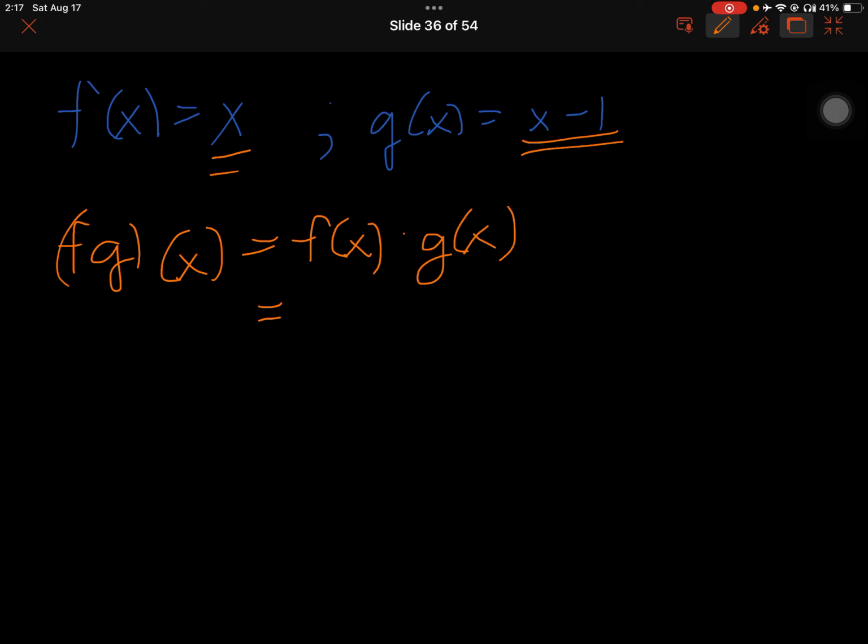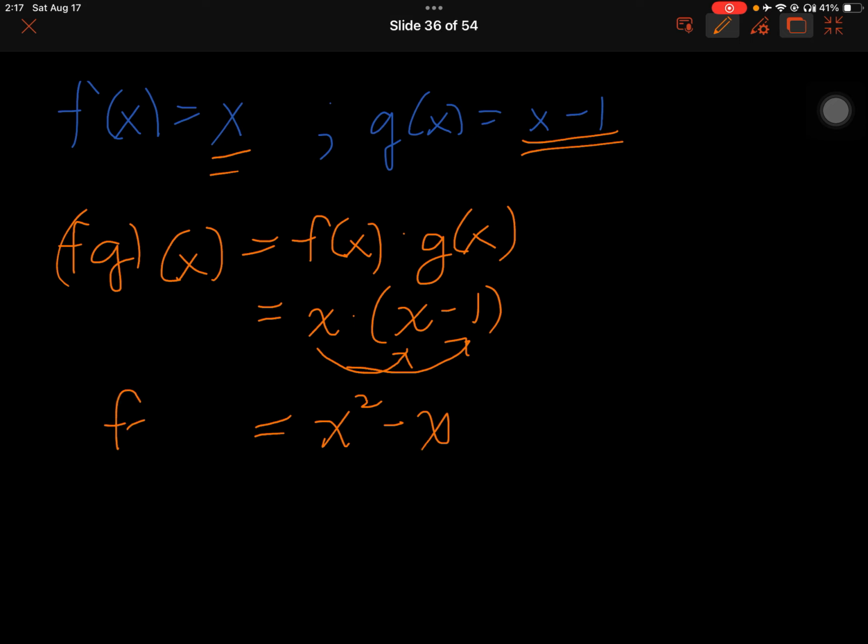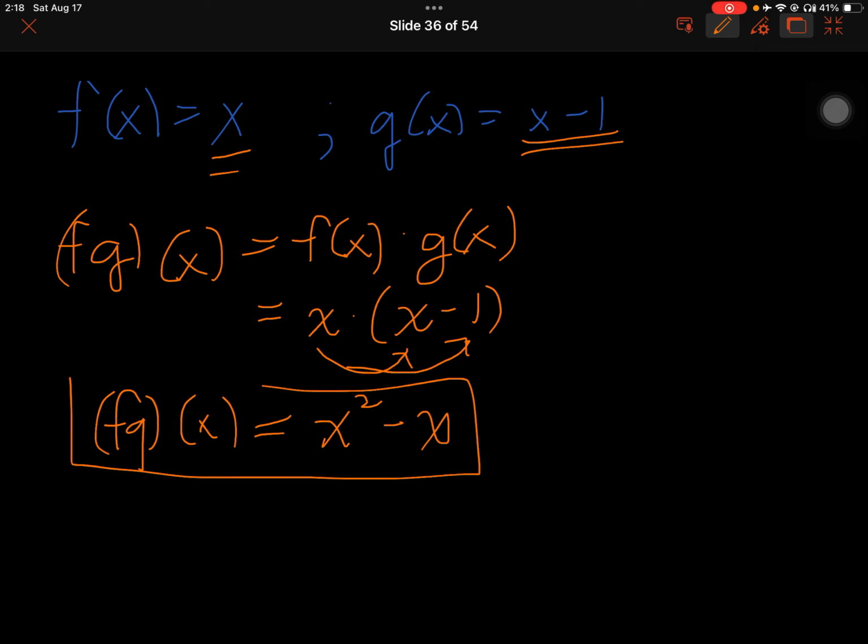So we have here x times x minus 1. Let's distribute x. x times x will be x squared. Then x times negative 1 is negative x. So fg of x is x squared minus x. Okay.